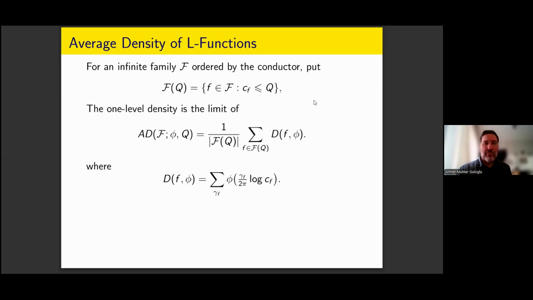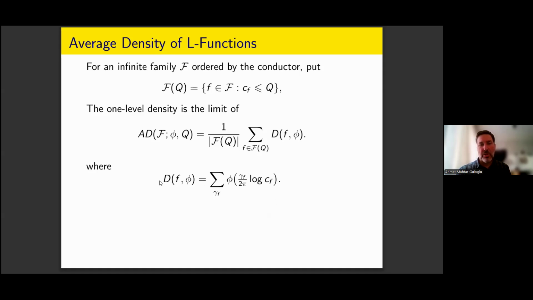And now for a single L-function, let's say f, you look at the zeros which are close to zero by using a very fast decaying Schwartz function. So as you can see, we have a very smooth function, and this is concentrated around zero because it will decay very fast. So this is in some sense counting zeros near zero for this single L-function.